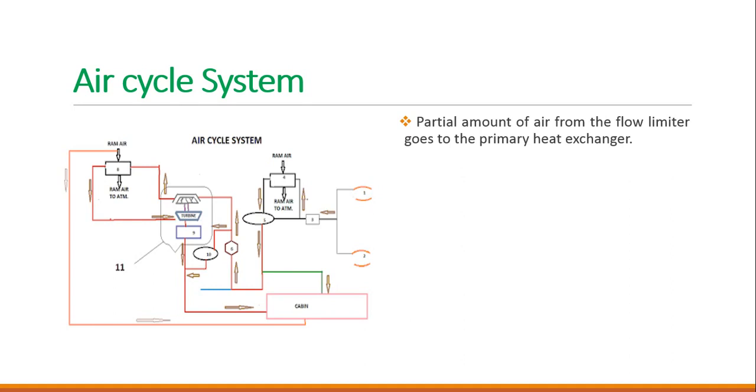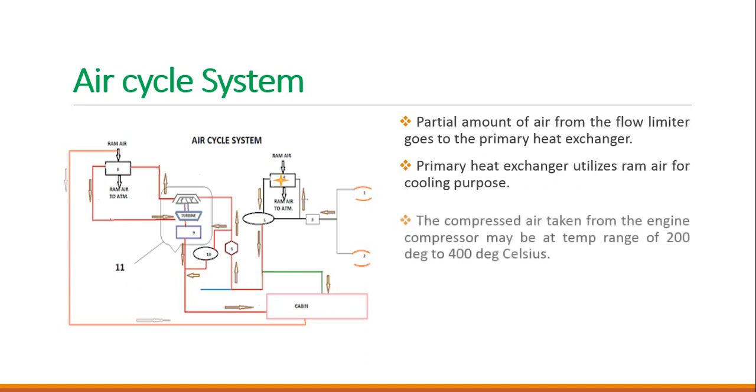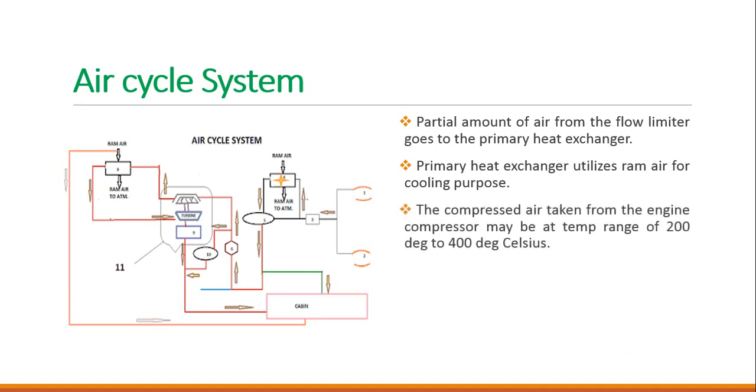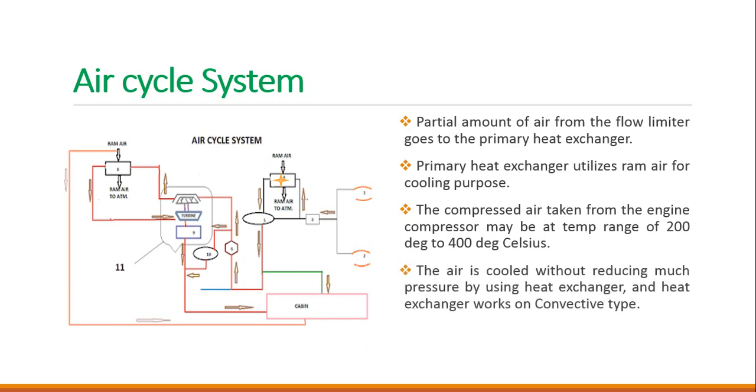A partial amount of air from the flow limiter goes to the primary heat exchanger. Not the full amount of air is supplied to the primary heat exchanger, only a partial amount. The primary heat exchanger utilizes ram air for cooling purposes.